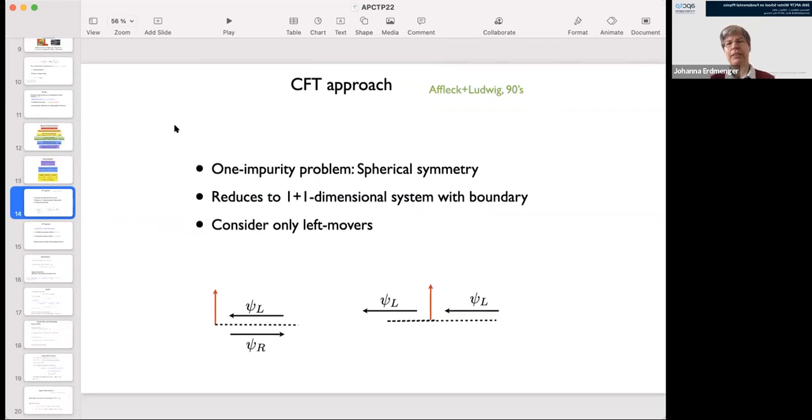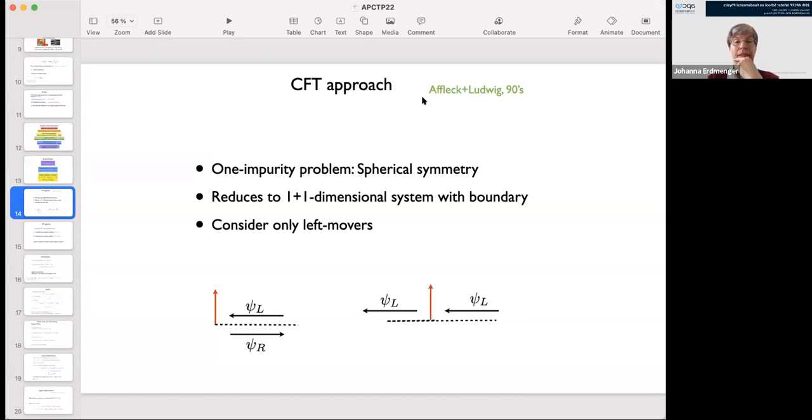Okay, so as I said, Affleck and Ludwig really had a lot of developments in the 1990s, by which they actually solved this Kondo model using CFT techniques.